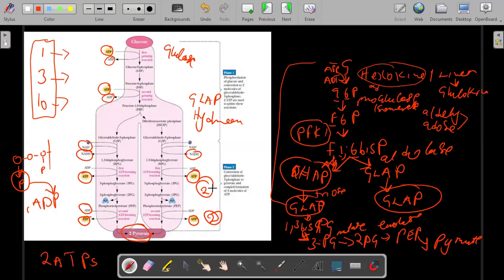From the 4 ATPs produced, we consider the 2 that were utilized and remove them. So the entire glycolysis yields 2 ATPs. You also obtain 2 NADH, which are obtained at step number 6, and 2 pyruvate. Those are the end products of the entire glycolysis pathway.